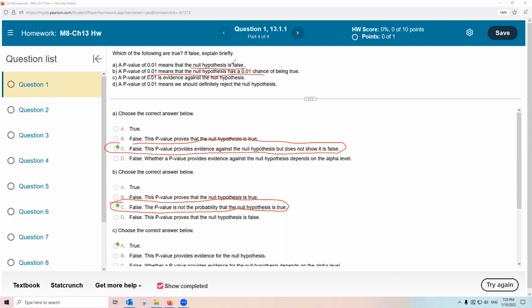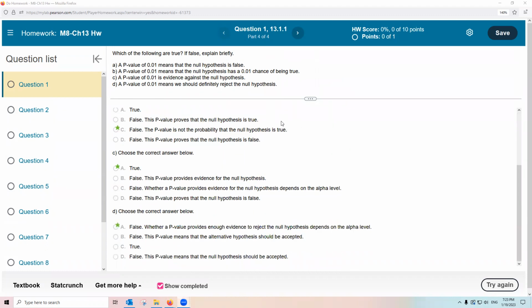All right, let's go to part C. Part C says a p-value of 0.01 is evidence against the null hypothesis. Well, that's true because a p-value of 0.01 would say the sample data that I observed is very, very unlikely given the null hypothesis. So that's giving evidence against the null hypothesis, right? In my example, the null hypothesis was that the mean delivery time was 30 minutes, but my sample data was 62 minutes.